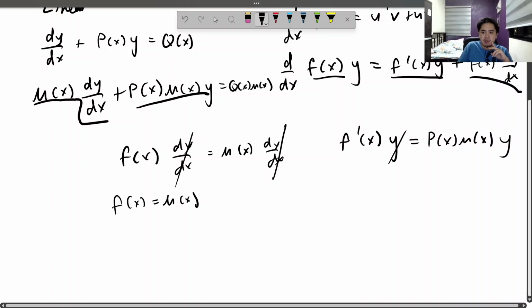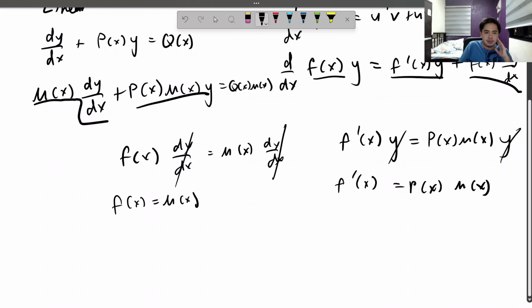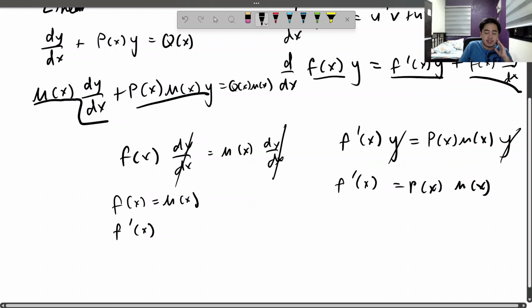We can divide both sides by y. We're left with f prime of x equals p of x mu of x. Now, we just established that f and mu are essentially the same, so we can differentiate both sides and we get the same thing. And then we can change this into mu prime of x. So that becomes that, then p of x mu of x.